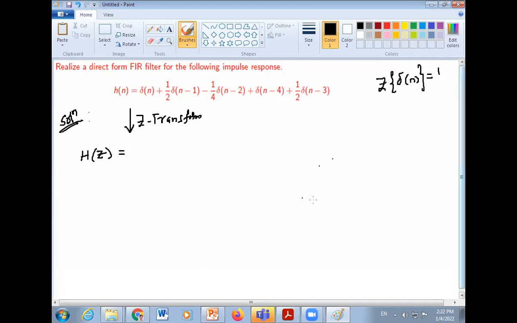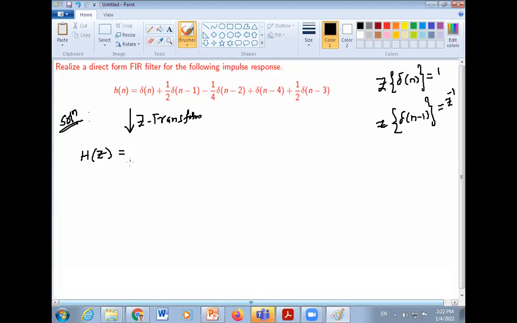Yes or no? Z transform of delta of n. And z transform of delta of n minus 1 is what? It is a property we have seen already, right?